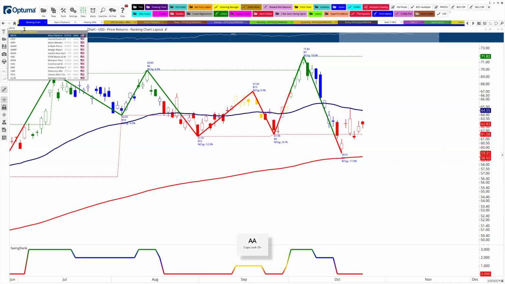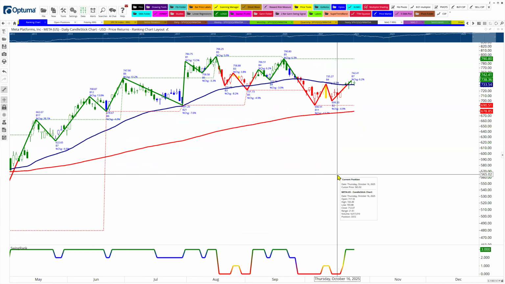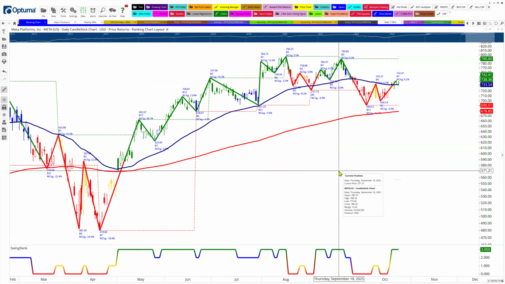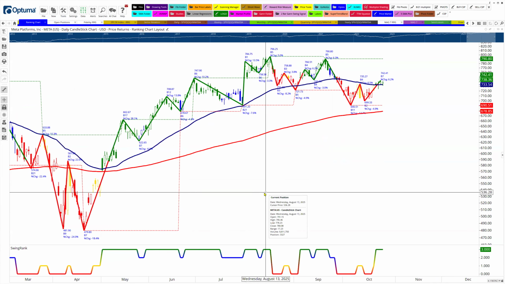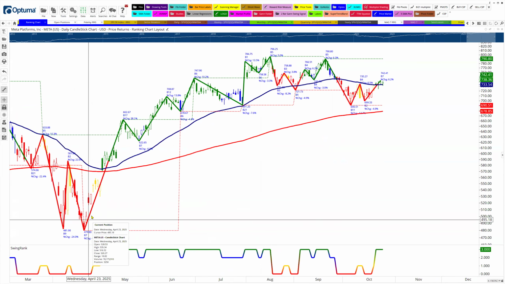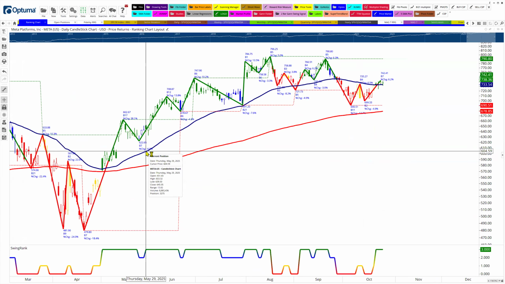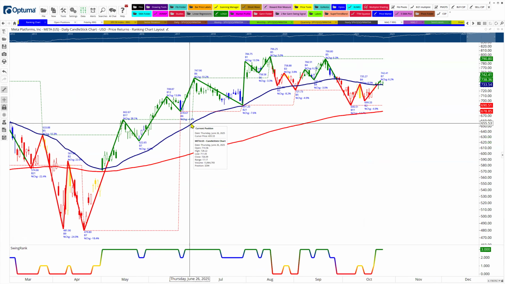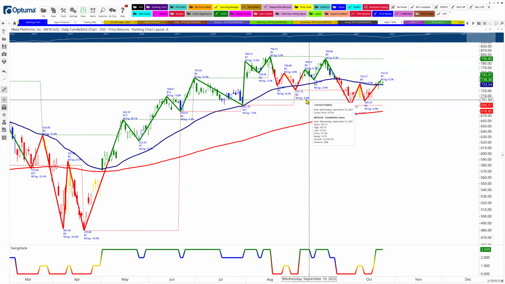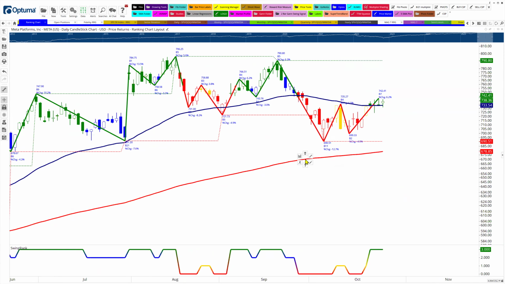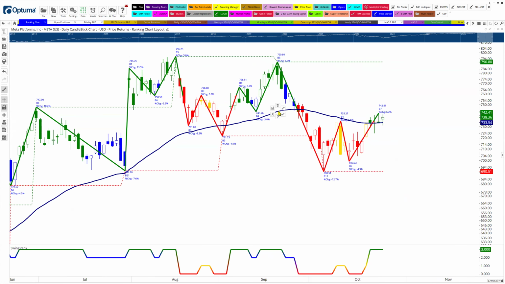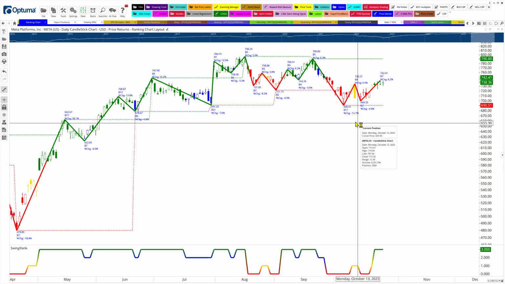Meta. You see what Meta did? This is the low, right? Which is the April low. So from the April low, Meta went up, came down 6.9, 4.3, 7.6, 4.9, 8.23. Hang on, let me clean this. Look at this drop.